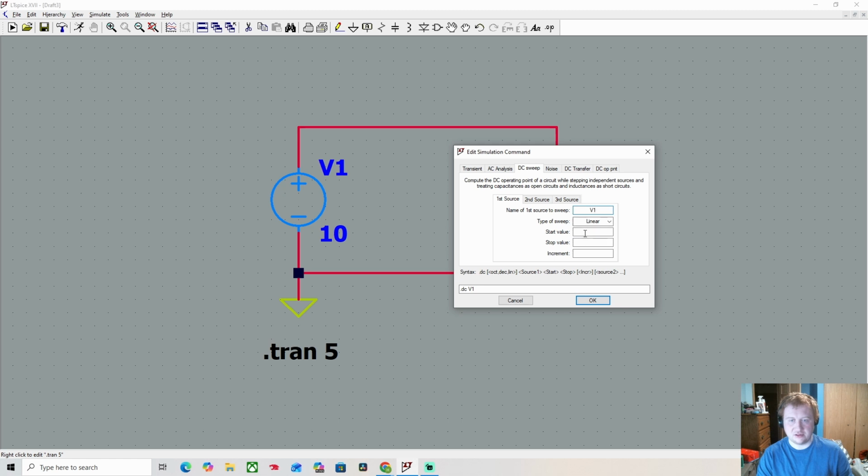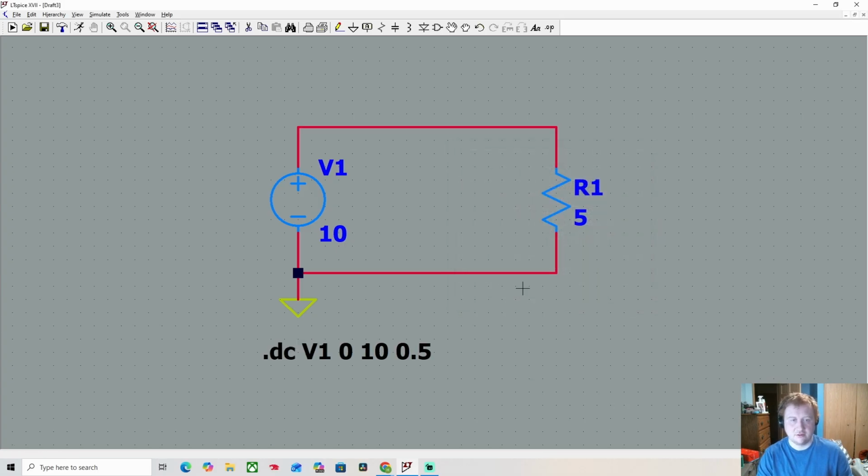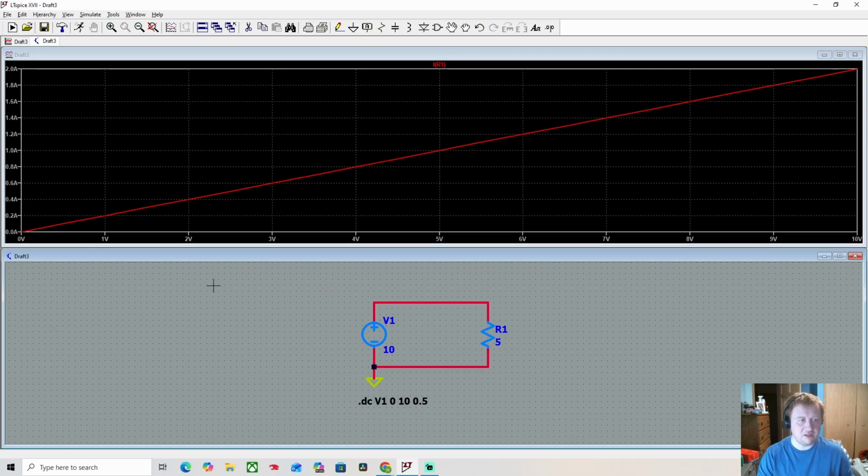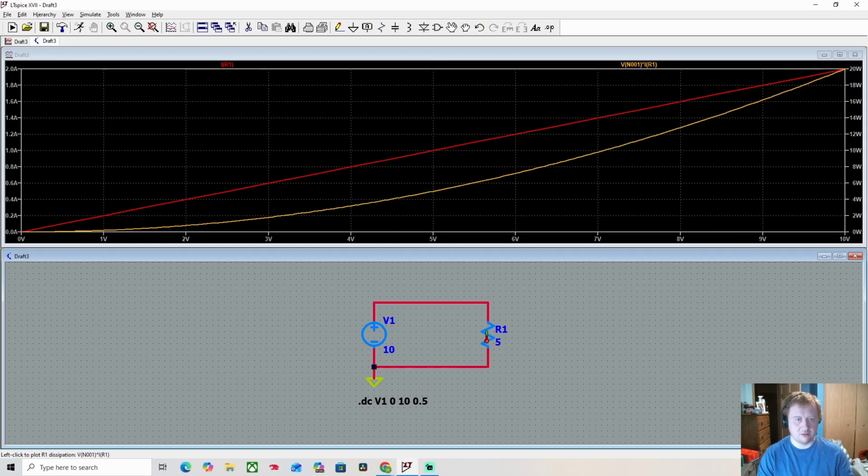We're just going to do a linear sweep. We're going to go from 0 to 10 with increments of, I don't know, half a volt, I guess. And if we hit run, we should be seeing a linear increase from 0 to 2 amps, but power increases logarithmically.